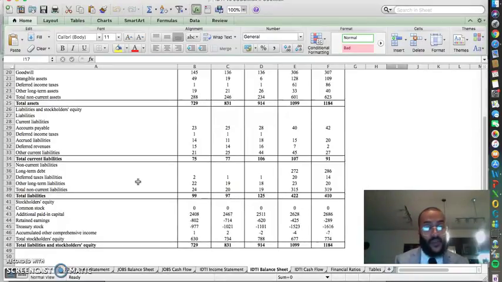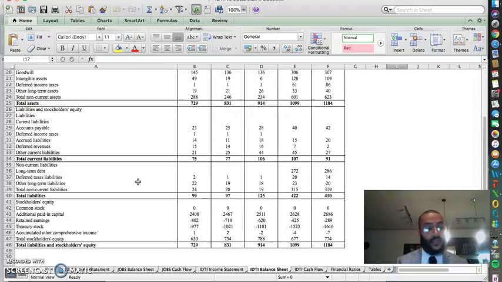Total liabilities though, it starts at 99. In 2014 it goes down to 97, and then goes up to 125 in 2015. 2016 it was 422, and the end of 2017 it came down to 410.